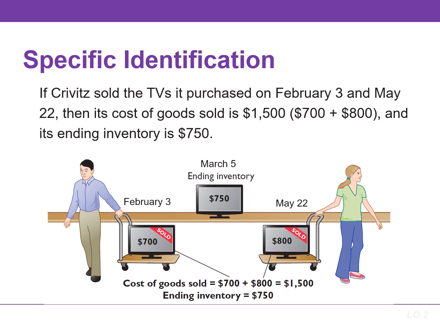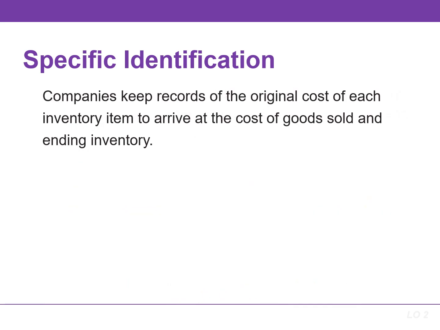Its ending inventory is $750, which represents the March 5th purchase. Specific identification requires that companies keep records of the original cost of each individual inventory item to arrive at the cost of goods sold and ending inventory.